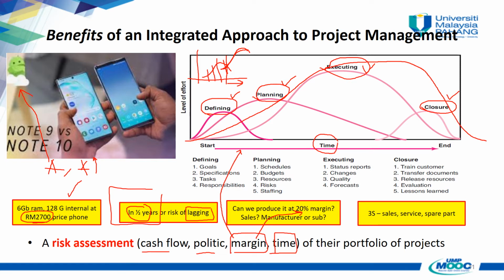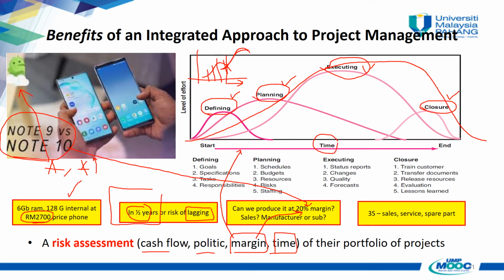If I invest in a high-risk investing scheme, maybe I can go for 10% or 12%. So that's why if we want to produce our Note 9 or Note 10 here, make sure that we can produce it at a 20% margin. Less than that, we have a problem.